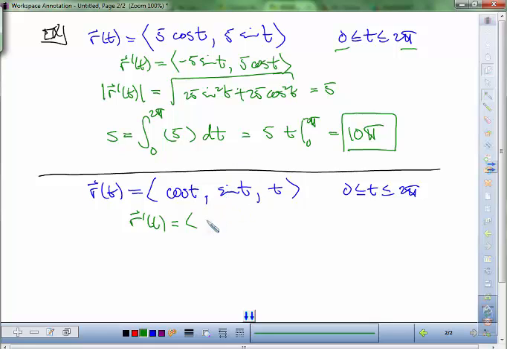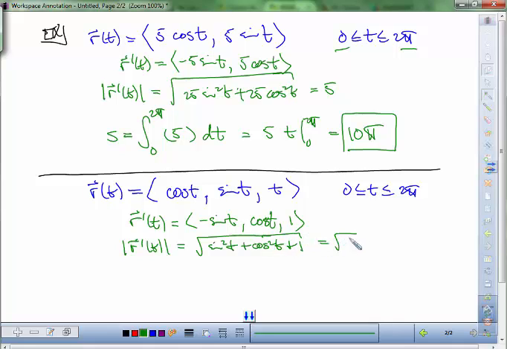Otherwise, you'd just be using the calculator. So we have negative sine t, cosine t, and 1 for your derivative, and so the magnitude should equal the square root of sine squared t plus cosine squared t plus 1. And I think that's just the square root of 2.